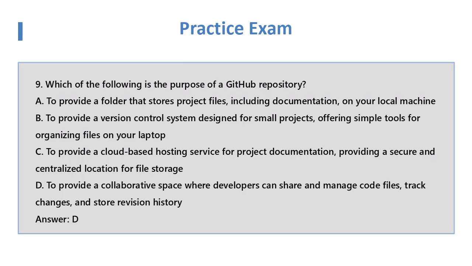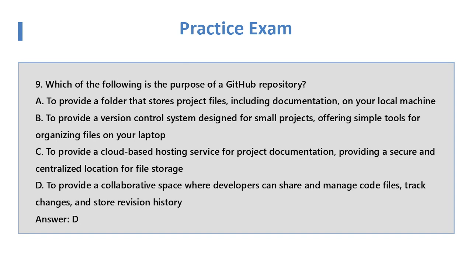9. Which of the following is the purpose of a GitHub repository? A. To provide a folder that stores project files, including documentation, on your local machine. B. To provide a version control system designed for small projects, offering simple tools for organizing files on your laptop.